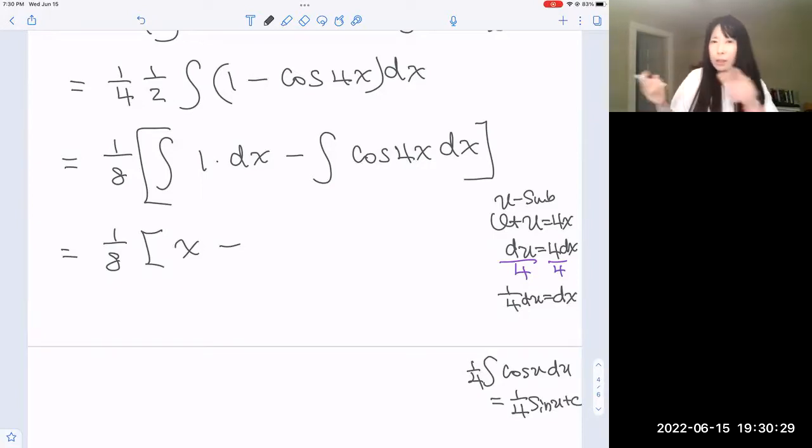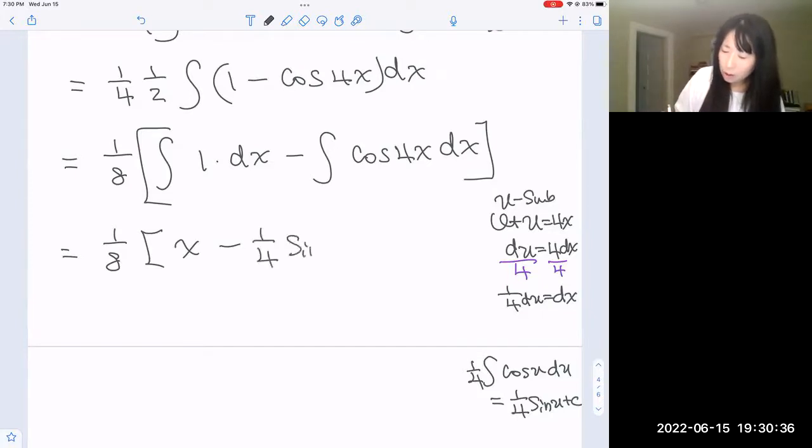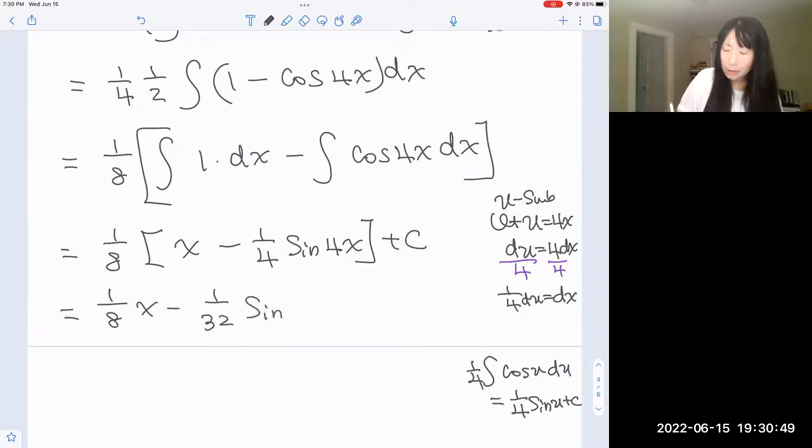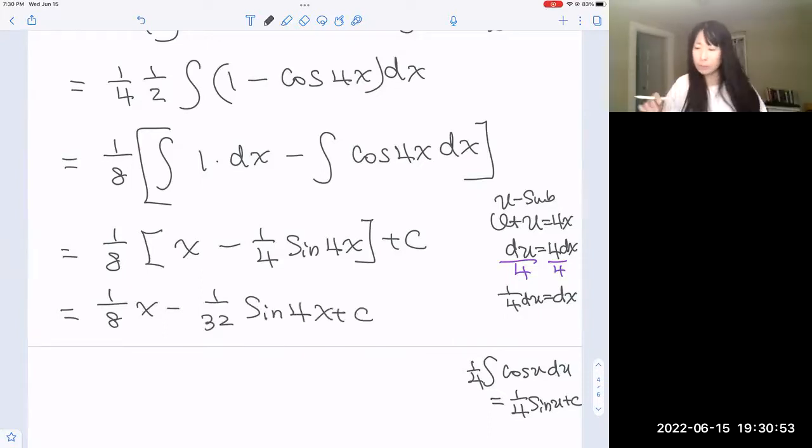So look, then in this case, we have 1/4 sine 4x plus c. Now 1/8 x minus 1/32 sine 4x plus c. Okay.